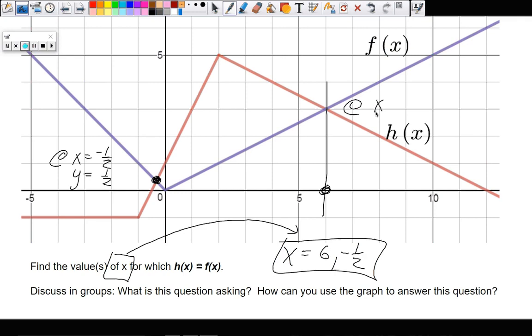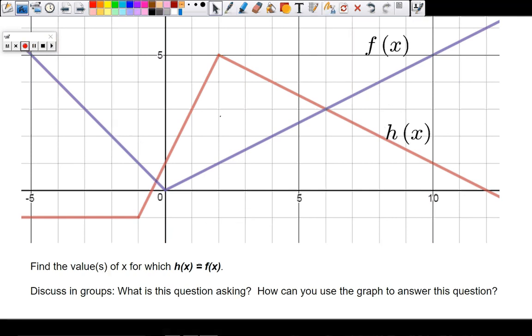And then at x is equal to 6, y is what? 3. Otherwise, what you did in Algebra 1, x and y, and over here, x and y. You're just now learning the function notation of how to show it in Algebra 2. Okay? Alright, so let's move on to the last stuff.